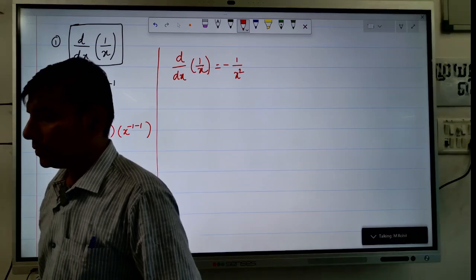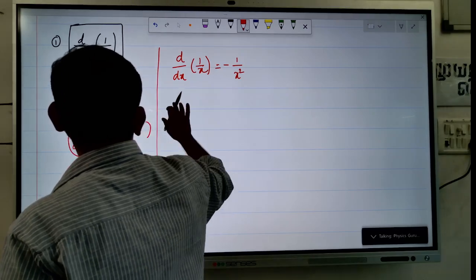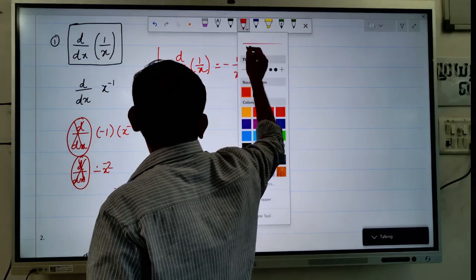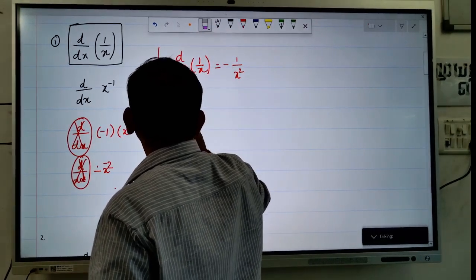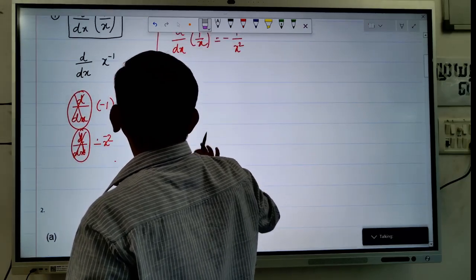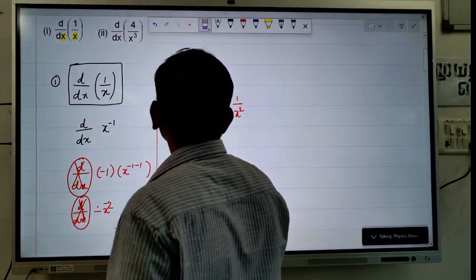Very good. So similarly, let's try the second problem. That's the second problem here. It's very simple now.